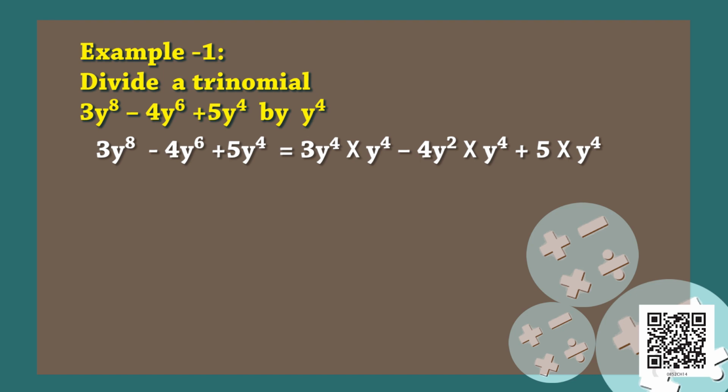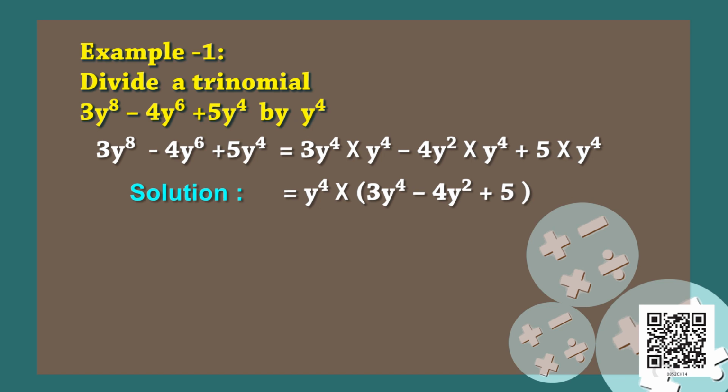By writing like this, you can see that y to the power of 4 becomes a common factor in each term. Hence, we can write it as y to the power of 4 into (3y to the power of 4 minus 4y to the power of 2 plus 5).